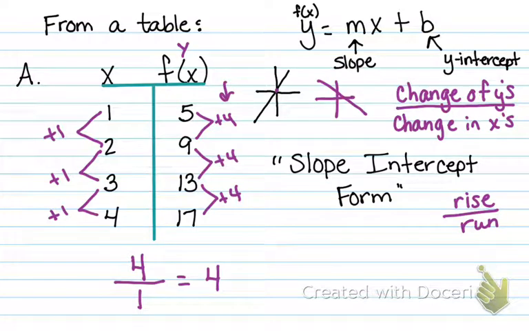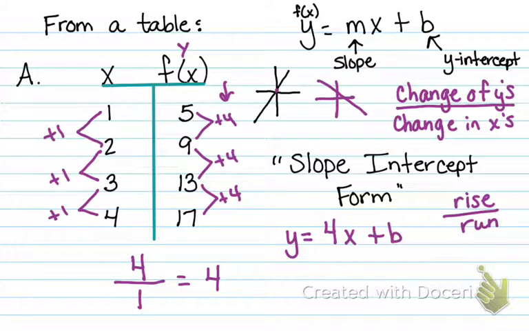Okay? So now let's see, can we find our y-intercept? We're going to say y is equal to, now we know that m is 4, and we don't know b. So when we don't know b, we're going to plug in to find b, because our table isn't telling us where the y-intercept is.